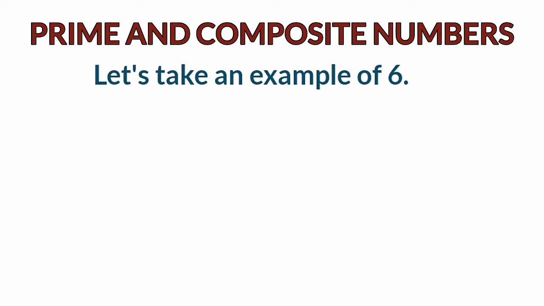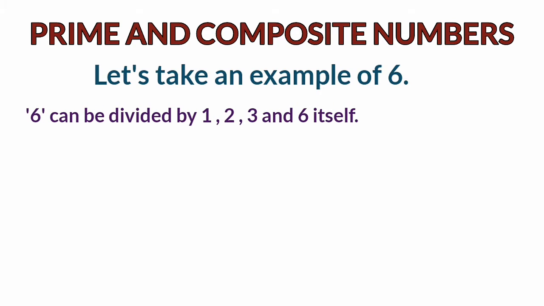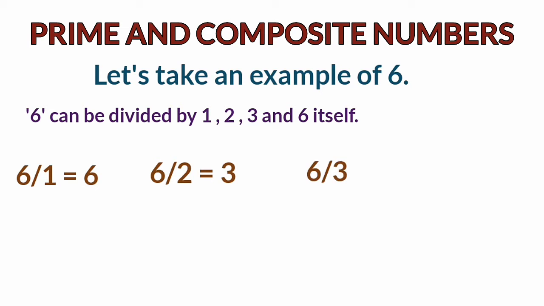Let's take an example of 6. 6 can be divided by 1, 2, 3 and 6 itself. When 6 is divided by 1, it gives answer 6. When 6 is divided by 2, it gives answer 3. When 6 is divided by 3, it gives answer 2. And when 6 is divided by 6, it gives answer 1.